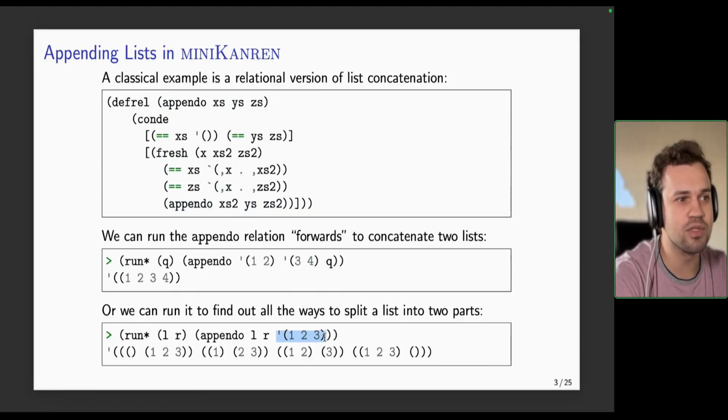Or you can give the result of concatenation and then ask, for example, which two lists can provide you with the concatenation that is 1, 2, 3. And then, of course, you will have multiple solutions. So in general, running these relations will give you a stream of possible answers.